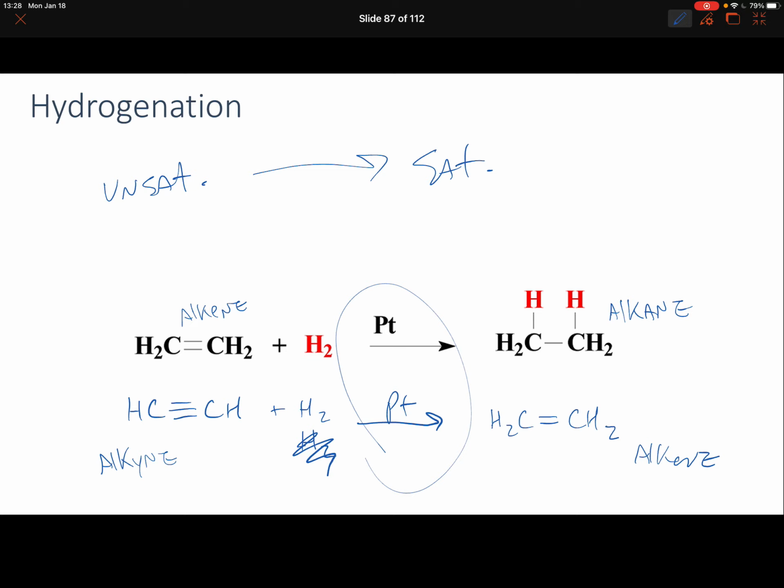Now, commercial hydrogenation is really happening. Commercial hydrogenation is the cause of trans fat formation. We'll talk about trans fats when we get to lipids later on in the semester, but that's what causes trans fats to form.